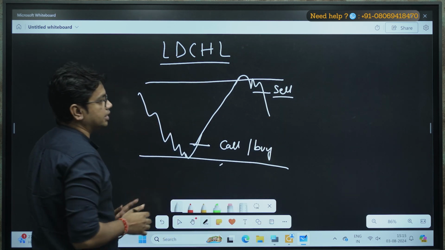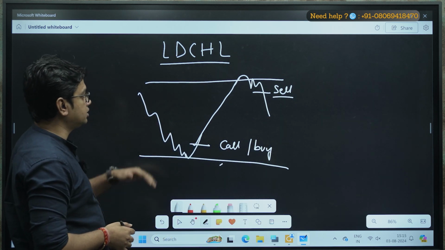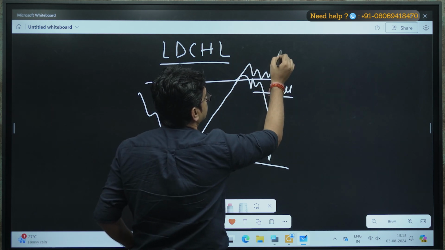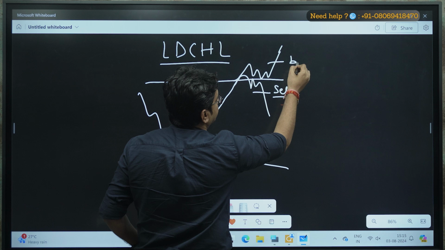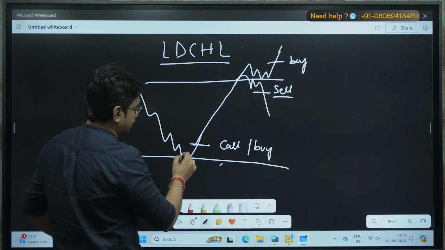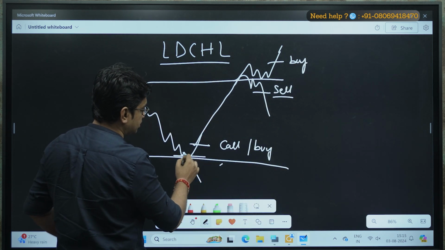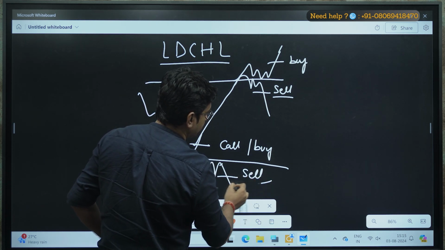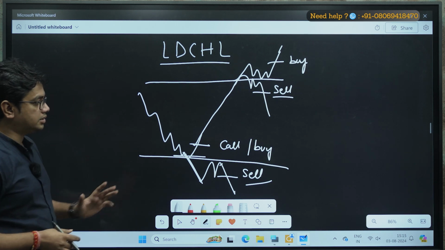If it moves beyond these levels, say it breaks out from resistance, then we take another buy trade. And if the support level is broken down, we take the sell trade. So this is the concept of resistance and support.